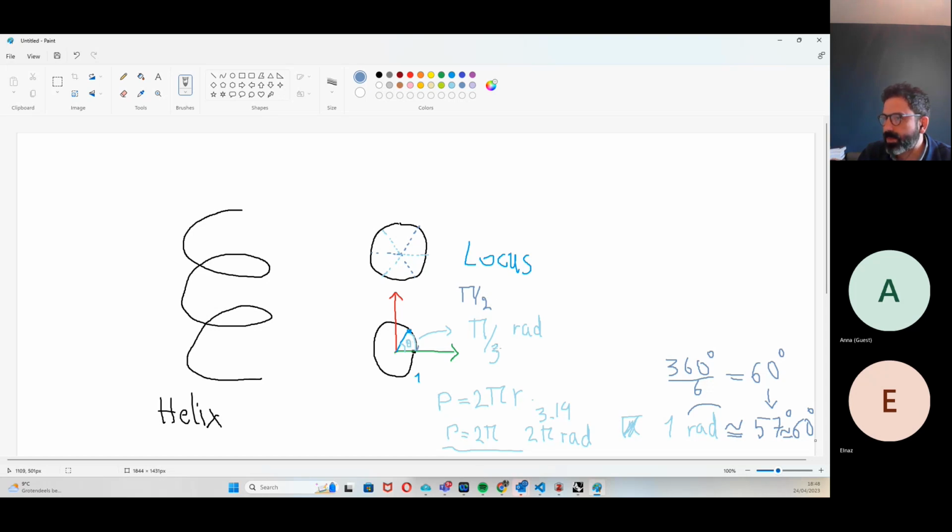Pi third is going to be 60 degrees. So pi third radians is almost equal to 1 radian. We could have answered it also like this. Is it clear?